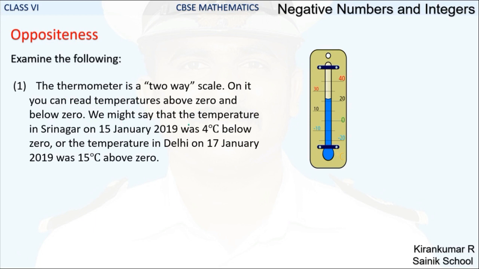We might say that the temperature in Srinagar on 15 January 2019 was 4 degrees Celsius below 0. Or the temperature in Delhi on 17 January 2019 was 15 degrees Celsius above 0.